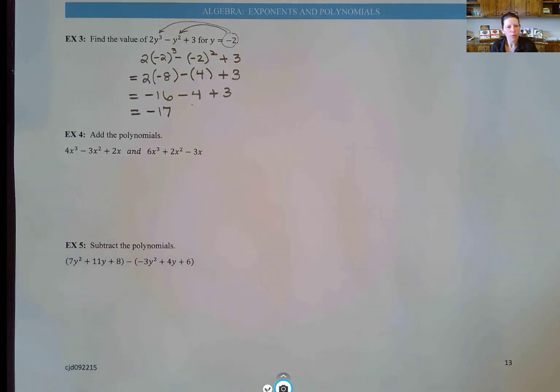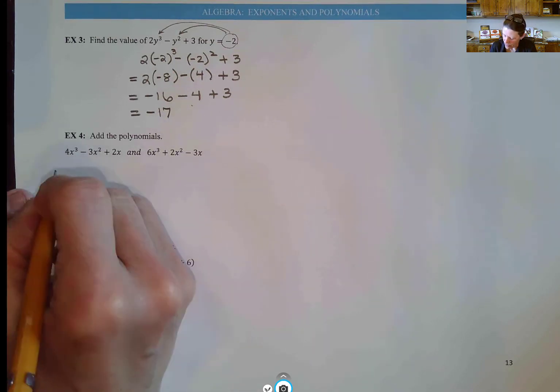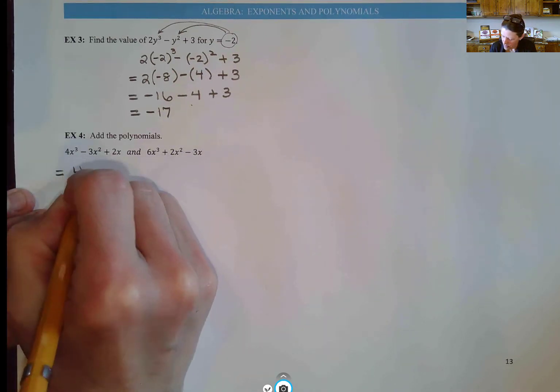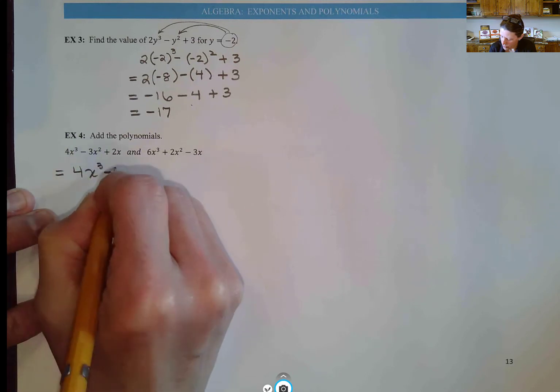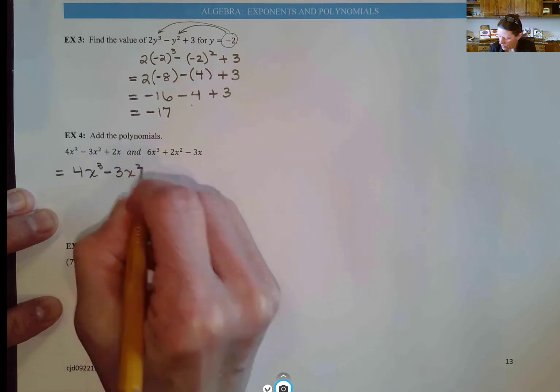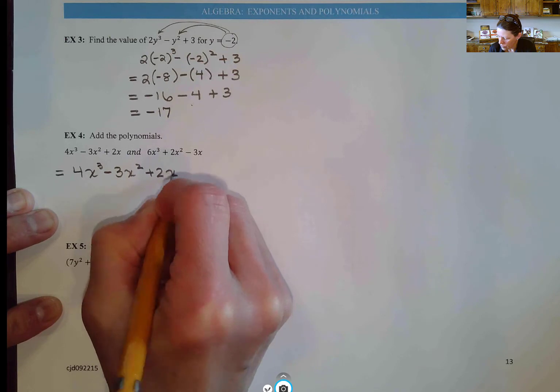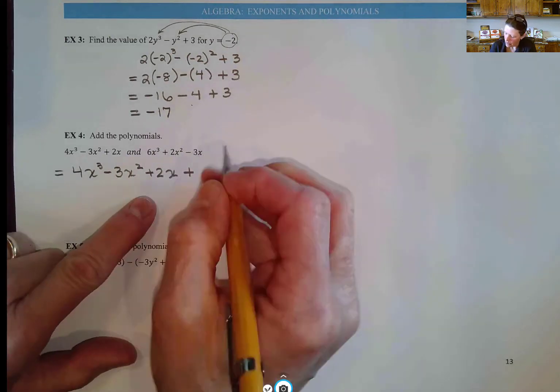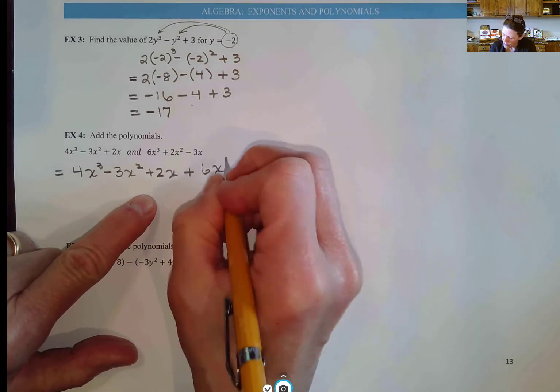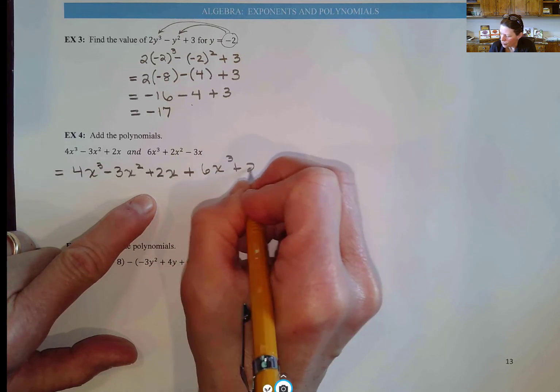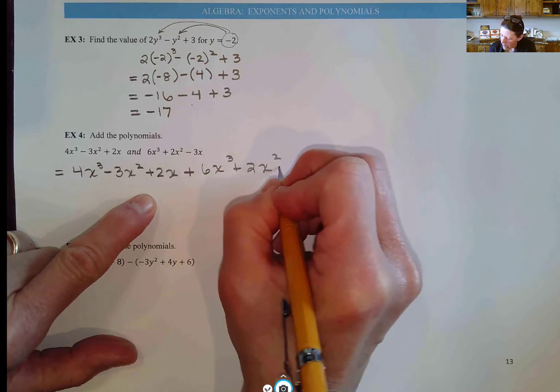In example 4, we're going to add these polynomials. 4x to the 3rd minus 3x squared plus 2x. So we're going to add that to 6x to the 3rd plus 2x squared minus 3x.